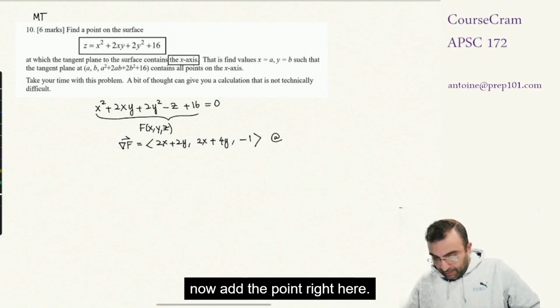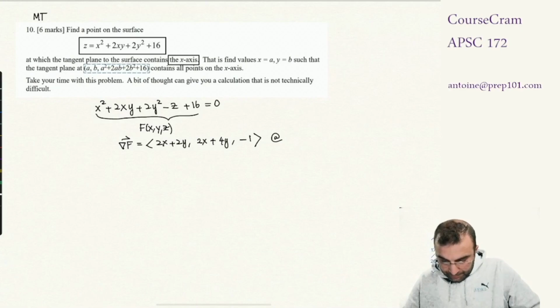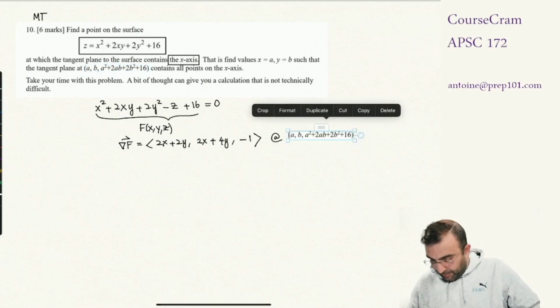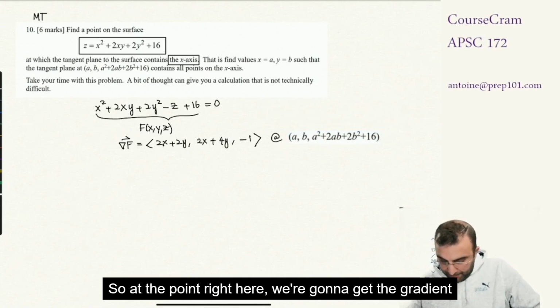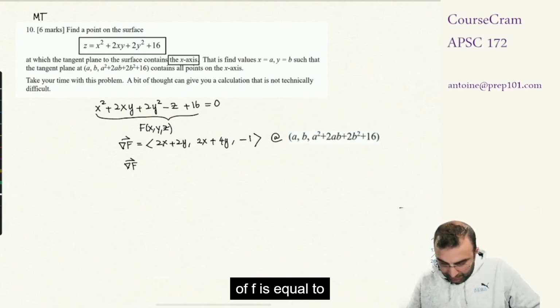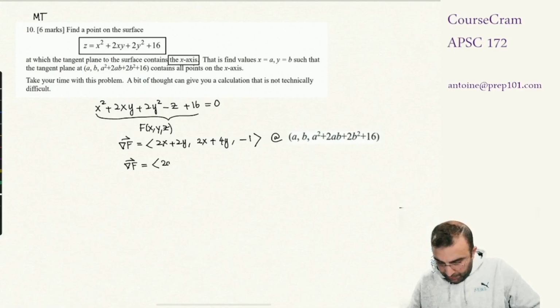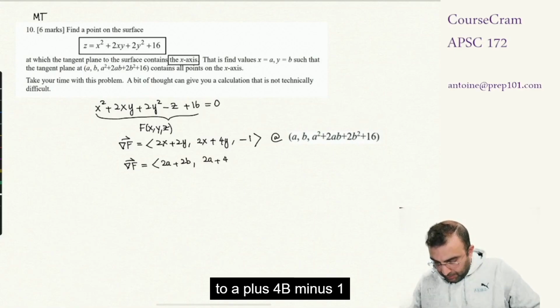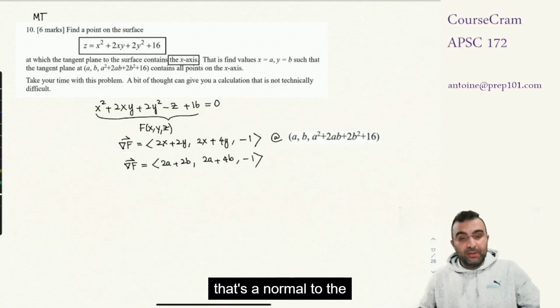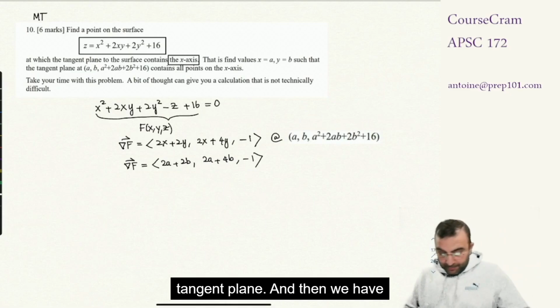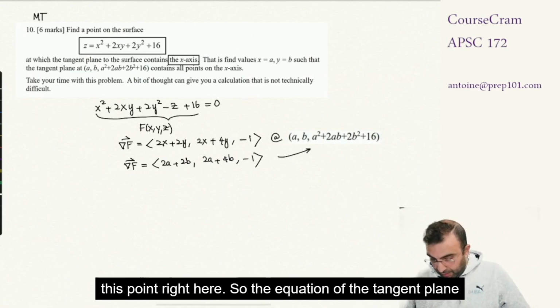Now at the point (a, b, f(a,b)), we get the gradient of f is equal to (2a plus 2b, 2a plus 4b, minus 1). That's a normal to the tangent plane. And then we have this point right here.